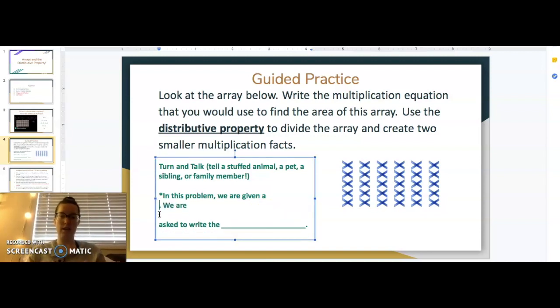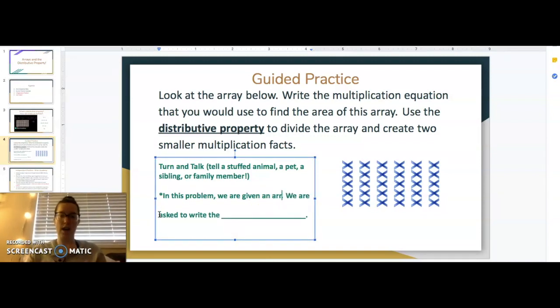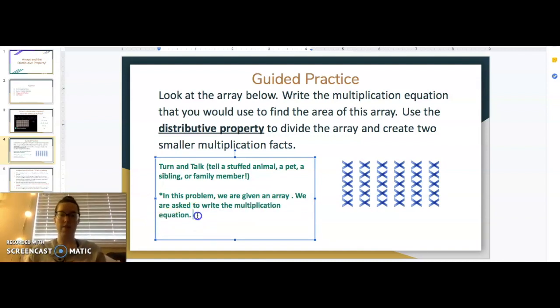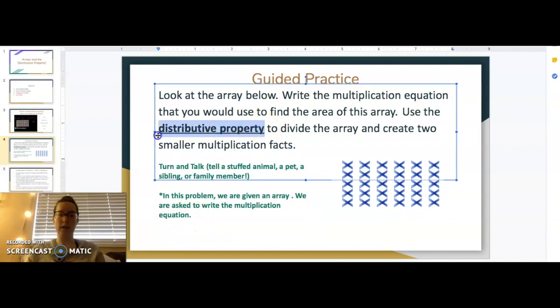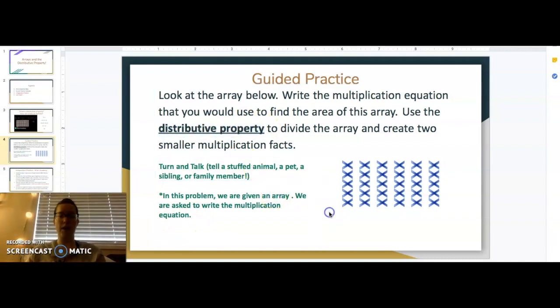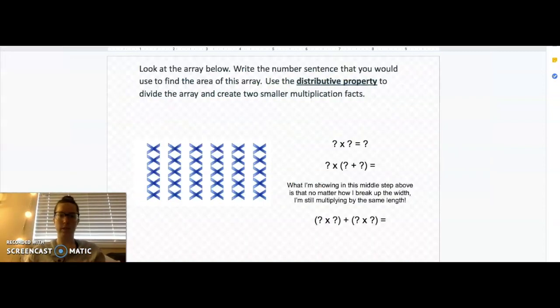So we are given an array, and we are asked to write the multiplication equation. Then we can use the distributive property to break up our array and create the smaller multiplication facts to help us solve.